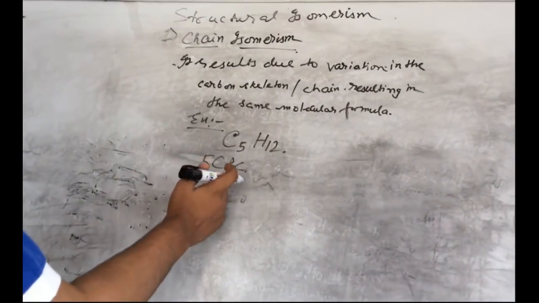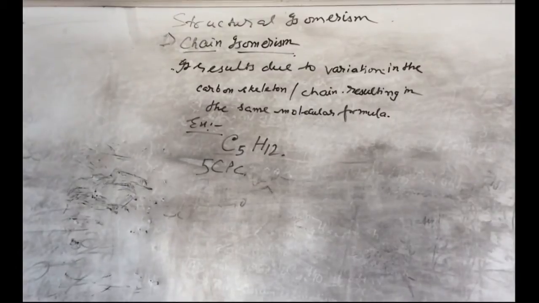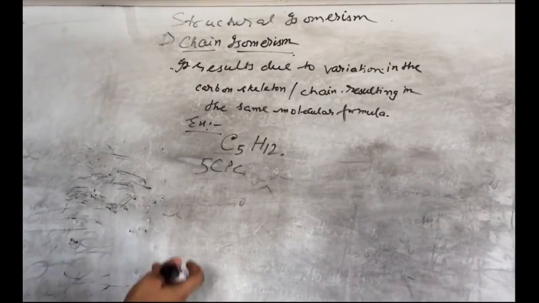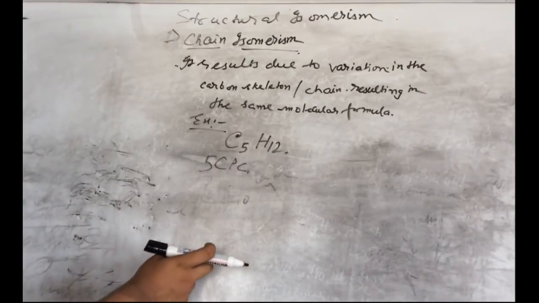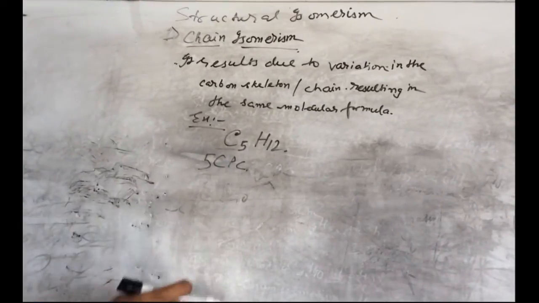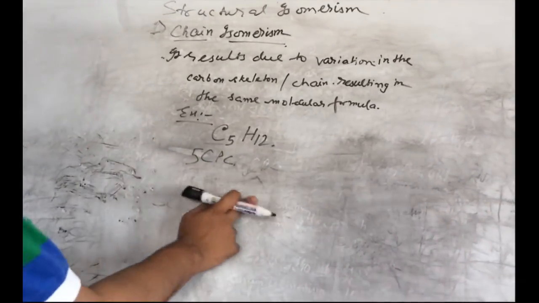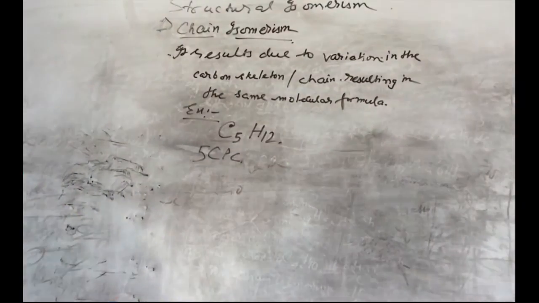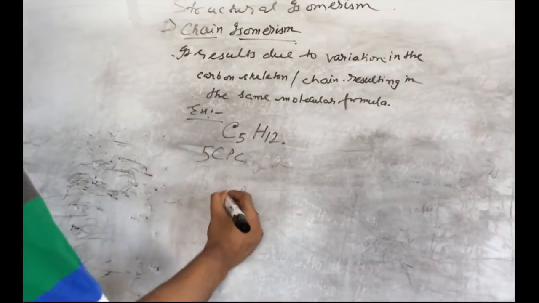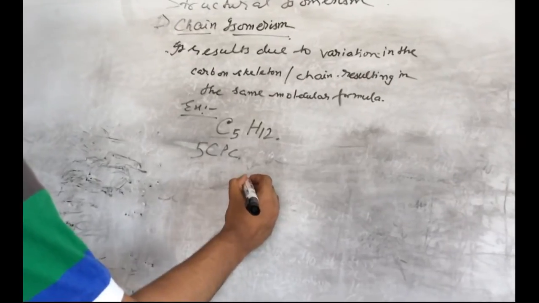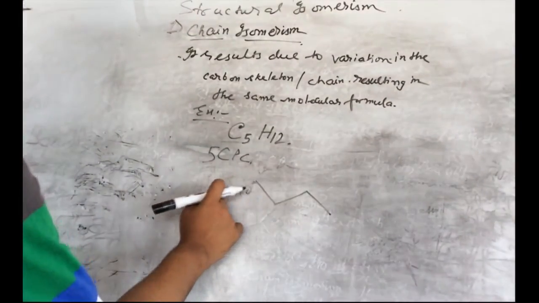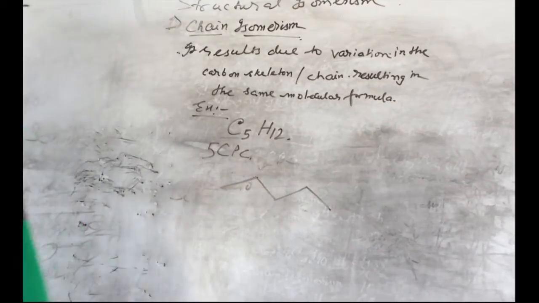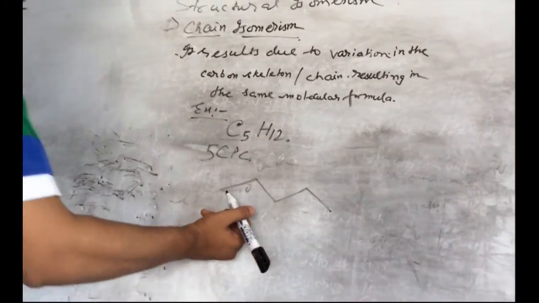If you degenerate the principal chain step by step, that is, here it is 5, so you take 5, then you take 4, then you take 3. If you do like this, then it is easier to draw the isomers, otherwise it becomes difficult. So 5 CPC, that means it will be straight chain. This is the line angle projection for pentane.